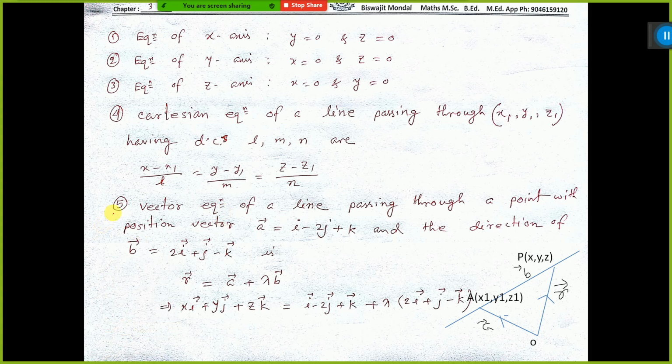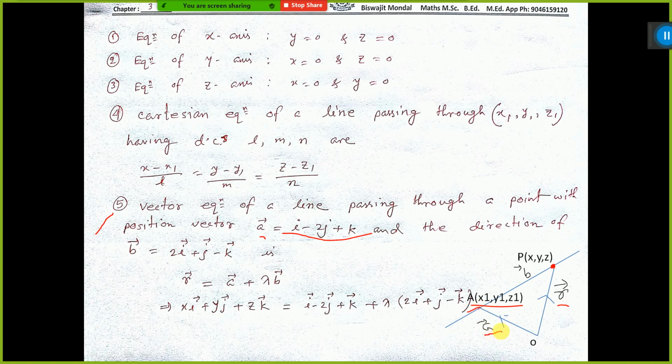Next, I will do the vector equation of a line passing through a point with position vector i minus 2j plus k, that is position vector a. Here capital A is the point x1, y1, z1, and another point P I have taken here as x, y, z. P's position vector is r and A's position vector is a.